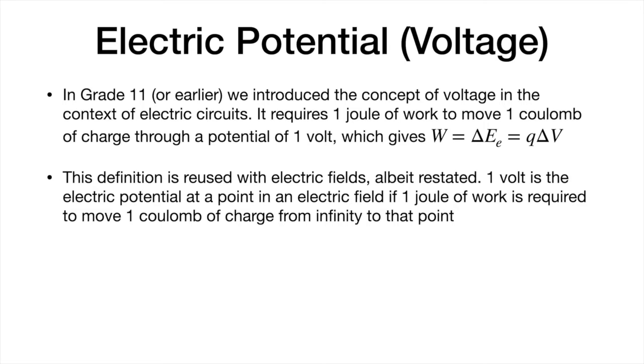We're not going to say that zero is wherever we want it to be. We're going to say that zero is an infinite distance away. So that's where zero potential will be. If we just have a single point charge, then zero potential is an infinite distance away, and so that will basically scale everything else.